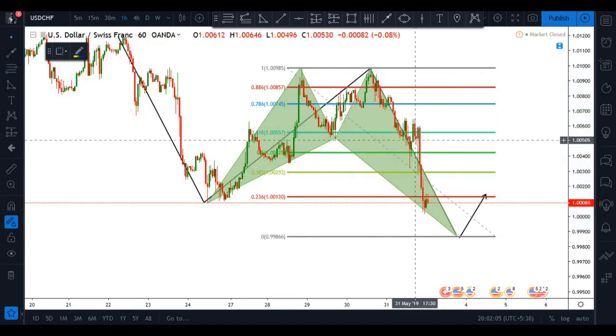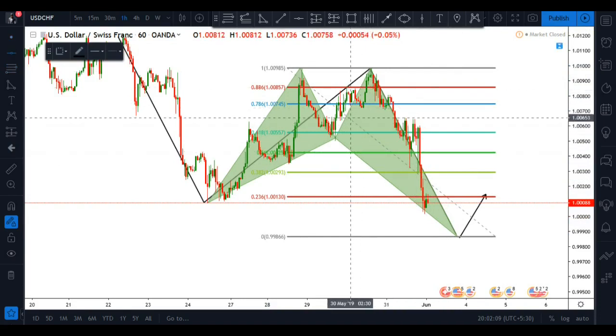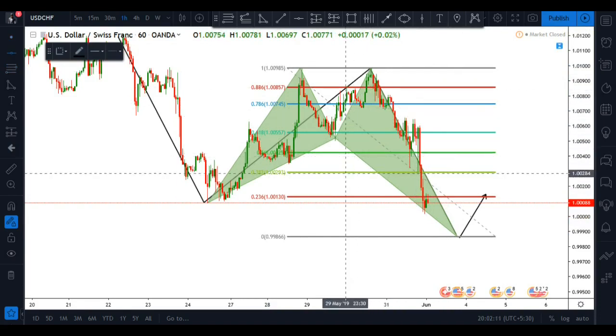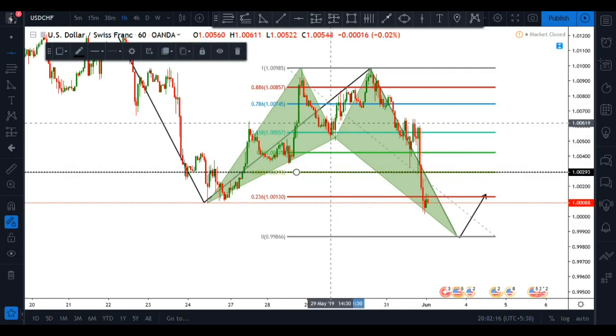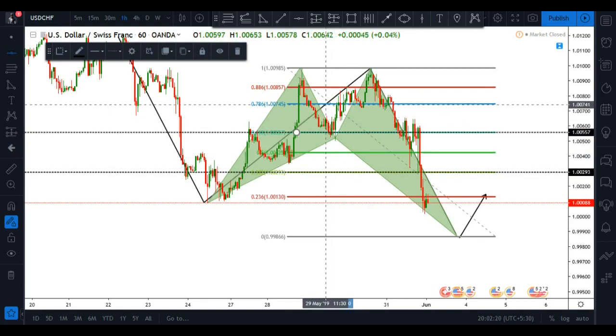And it's probable that market might move to first target is this 382, and second target is this 618, and our final target is this 786 retracement level.